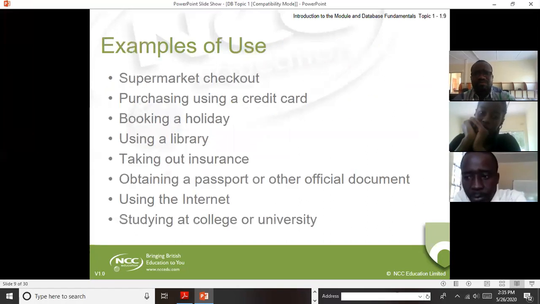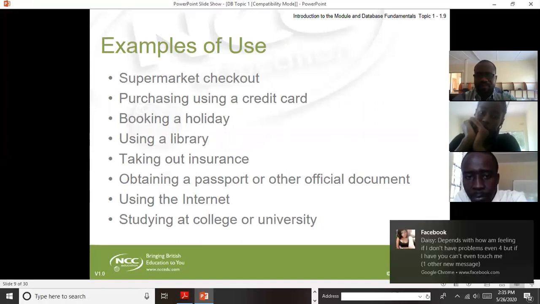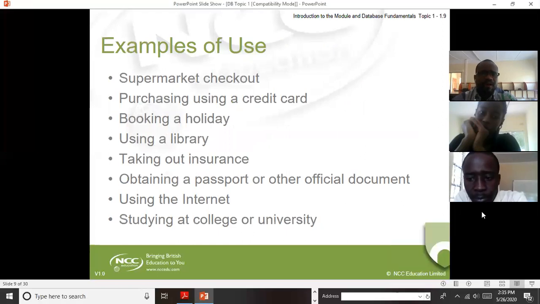So examples of use: we have databases in supermarkets, at the supermarket checkout.